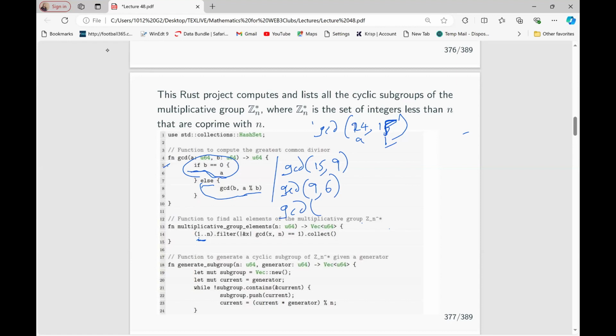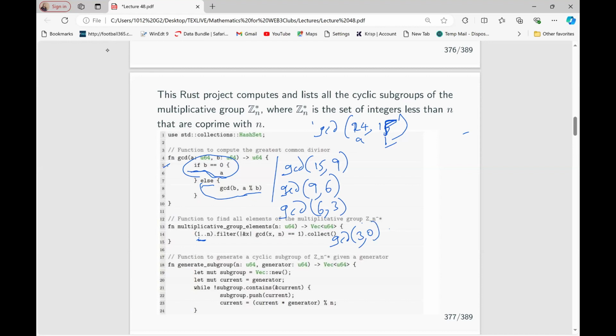This time our B is 6, and the remainder of 9 on division by 6 is 3. Then make another call. This time our B is 3, and the remainder of 6 on division by 3 is 0.